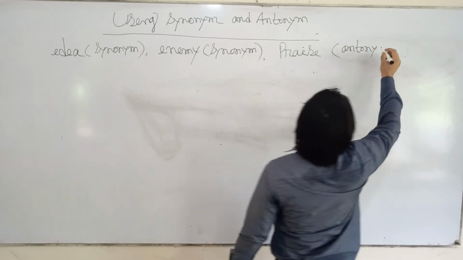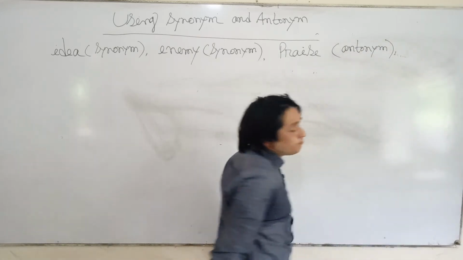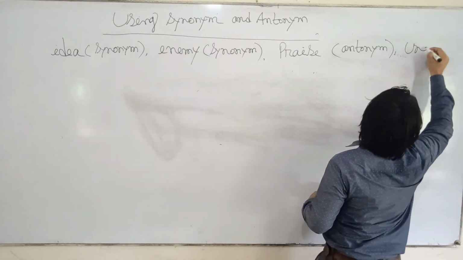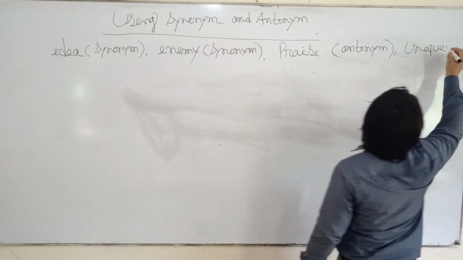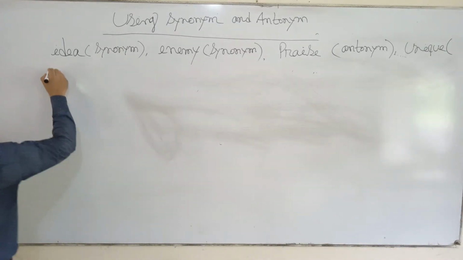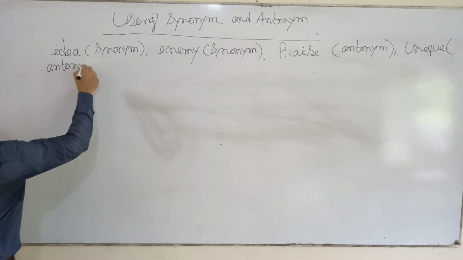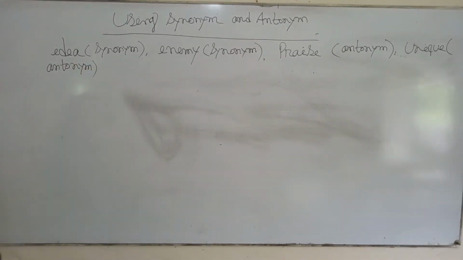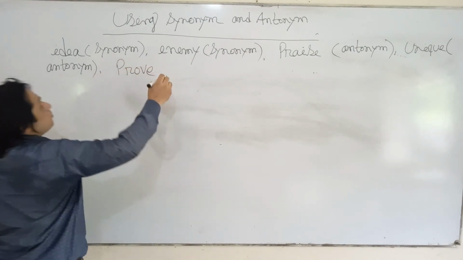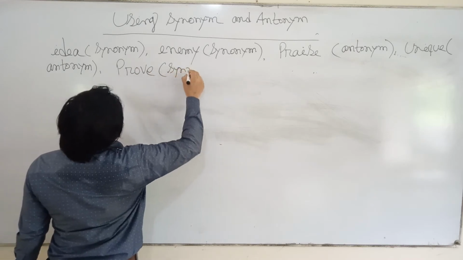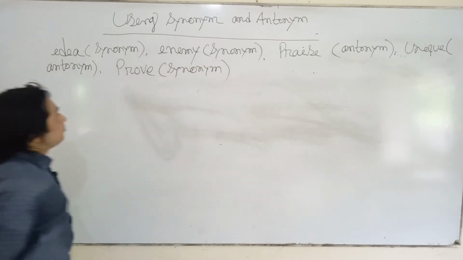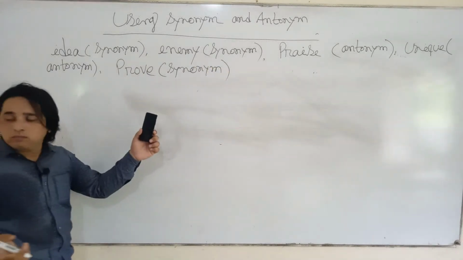Write down the antonym of the word. After praise, we will write unique. Antonym, we will write down the antonym of the word unique. Then prove. Synonym. We write down the synonym of the word prove.